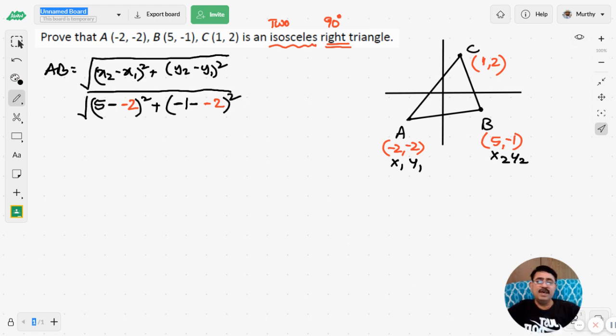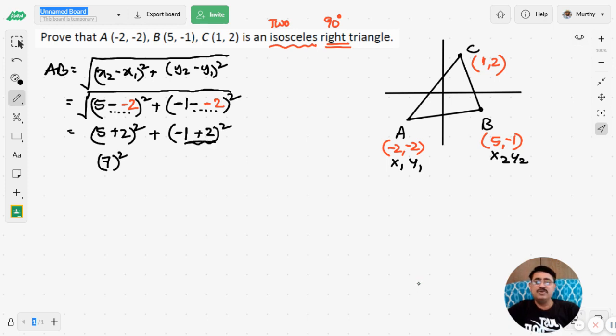So especially if there are negative values, you have to be utmost careful. Negative of negative gives me positive. So it is (5 + 2) whole square. 5 plus 2 gives me 7 square. Next, negative of negative 1, negative of negative 2.